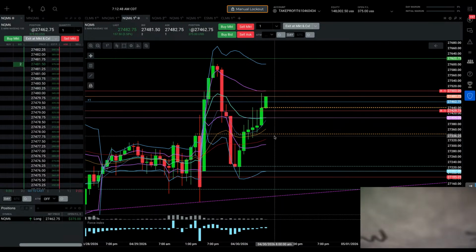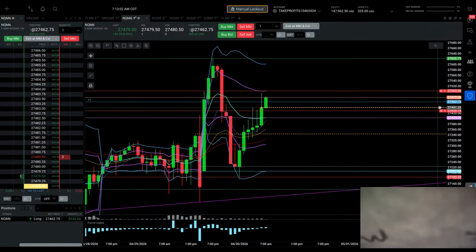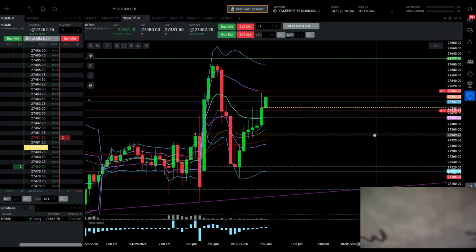So from here to here is a good trade. This is price right here to the right, 27,481. If price can't hold this level, 27,441.25, then price will drop all the way back down into here.